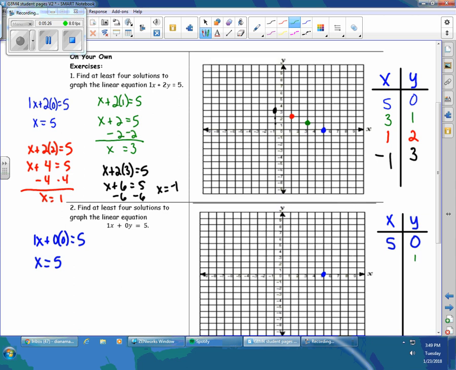Let's see, if y equals 1, 0 times 1 is going to be 0, so x is going to equal 5 again. And if y is 2, 0 times 2 is 0, so x is going to equal 5 again.